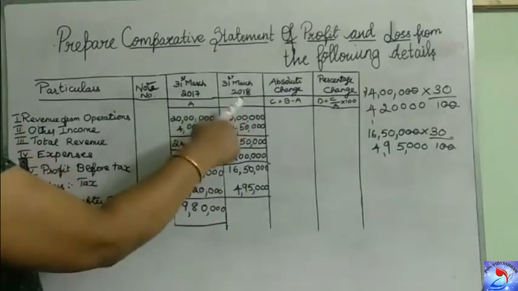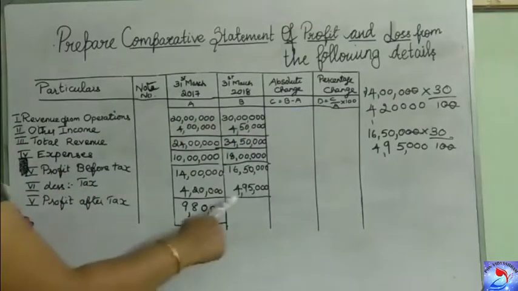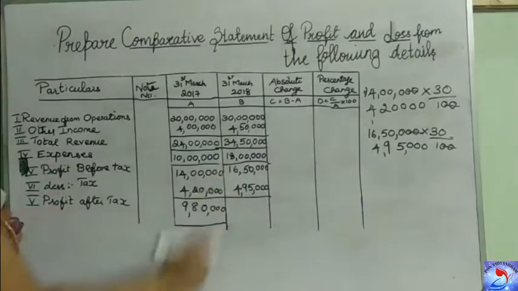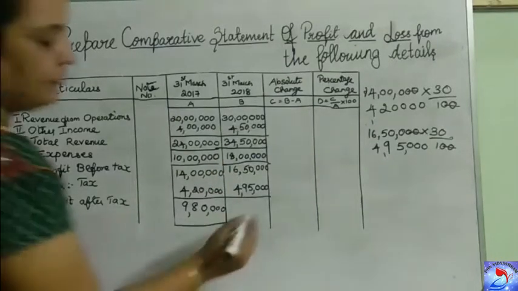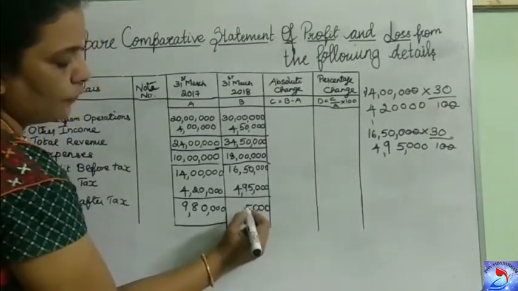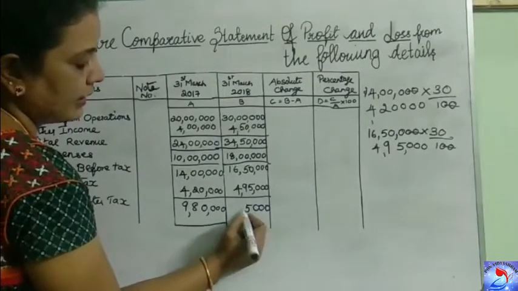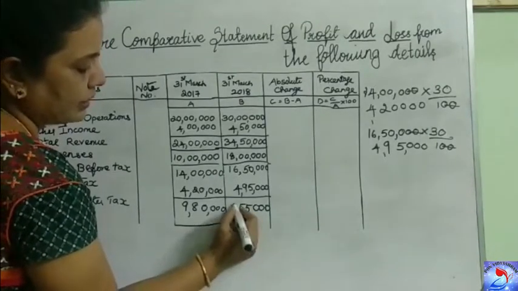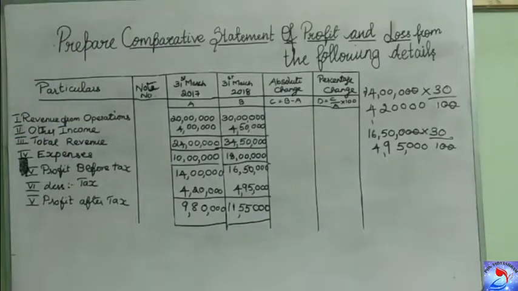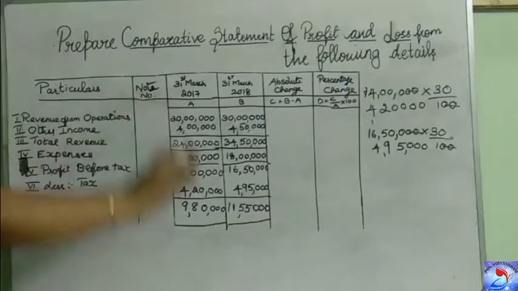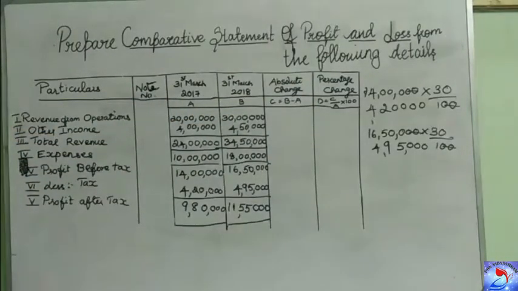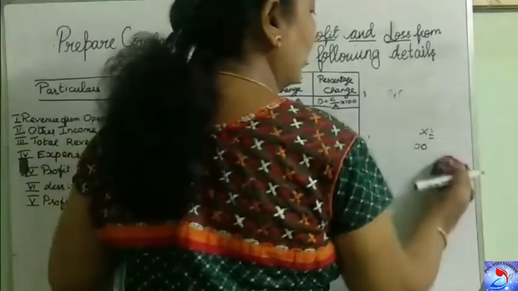Now for March 31st 2018, you have to calculate profit after tax, that is 16 lakh 50,000 minus 4 lakh 95,000, which is 11 lakh 55,000. That is the answer. Now you work this out, and then we will go to the absolute change and the percentage change. One by one we will slowly work it out.